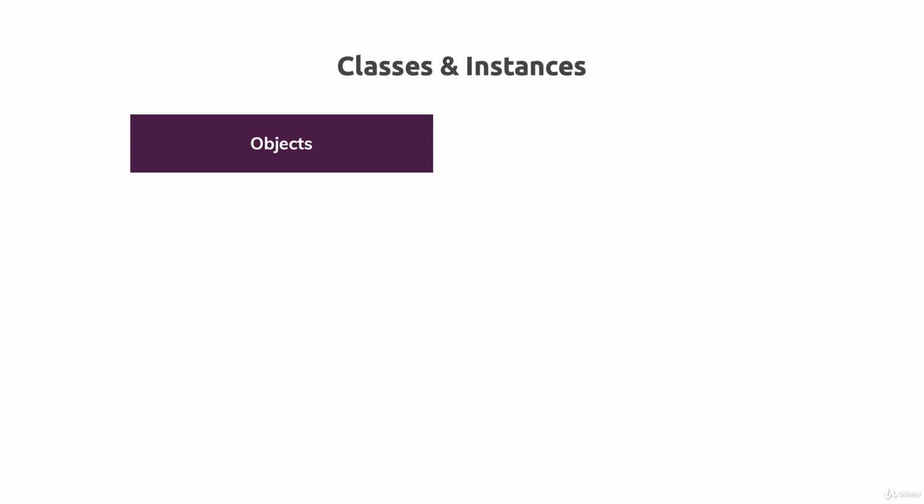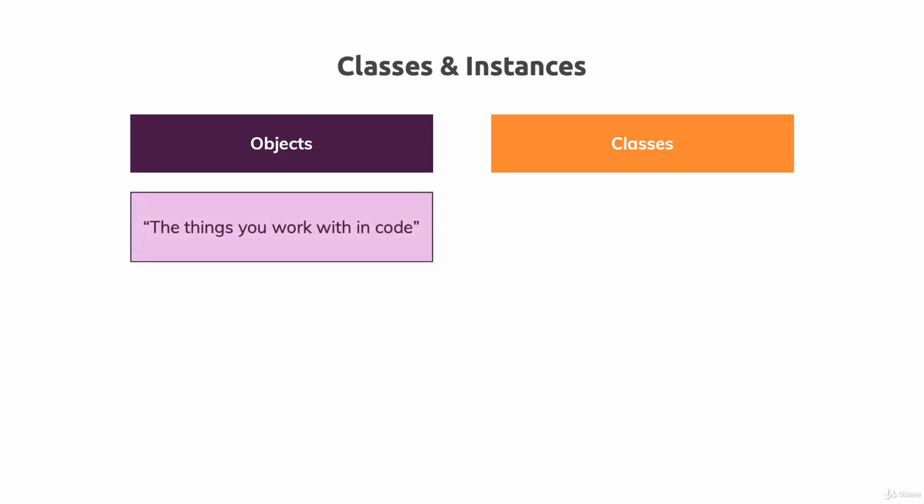Now, connected to the idea of using these objects, which of course do exist in JavaScript, is the idea of having classes. Objects are the concrete things we work with in our code, the data structures we use to store data, to store methods, to execute methods on. Classes are blueprints for objects.